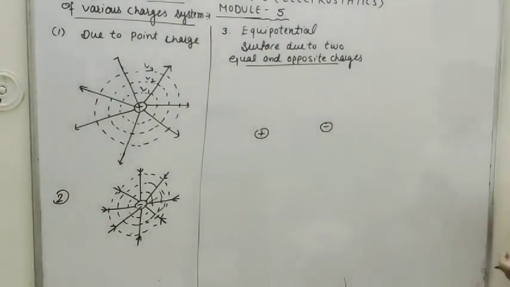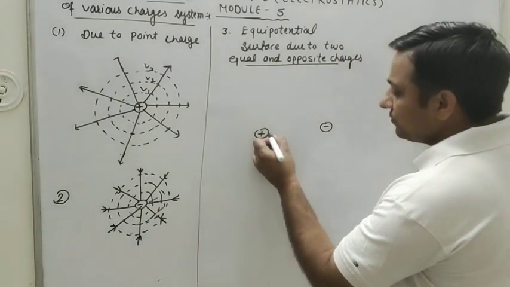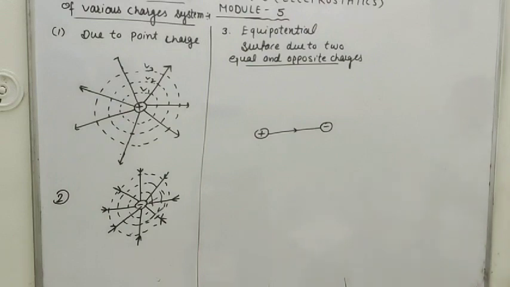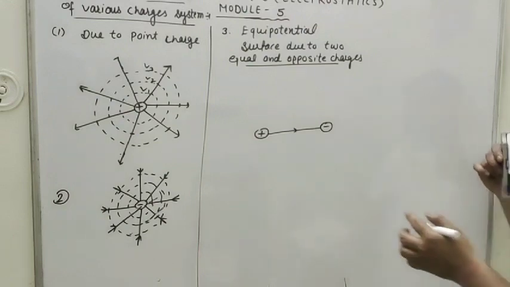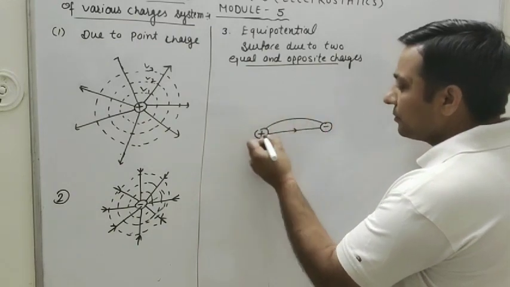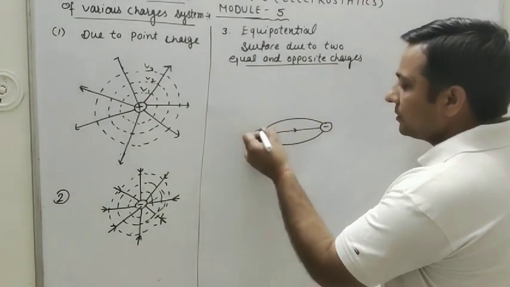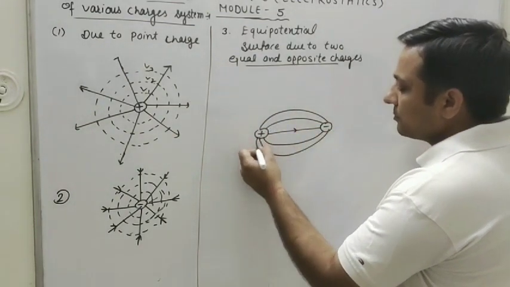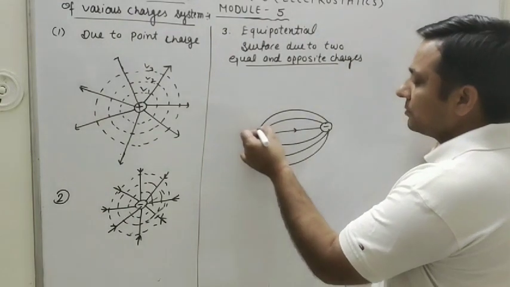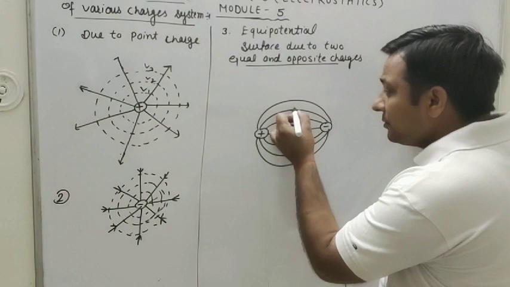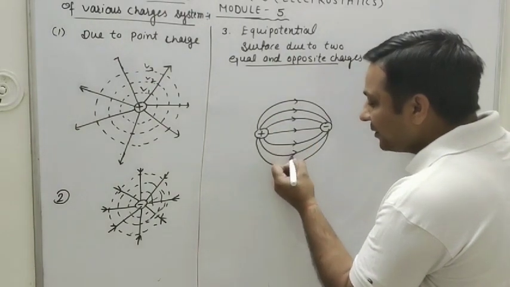So dear students, one is positive, another is negative, and these are the electric field lines, because they start from the positive and terminate at the negative. The direction is from positive to negative.